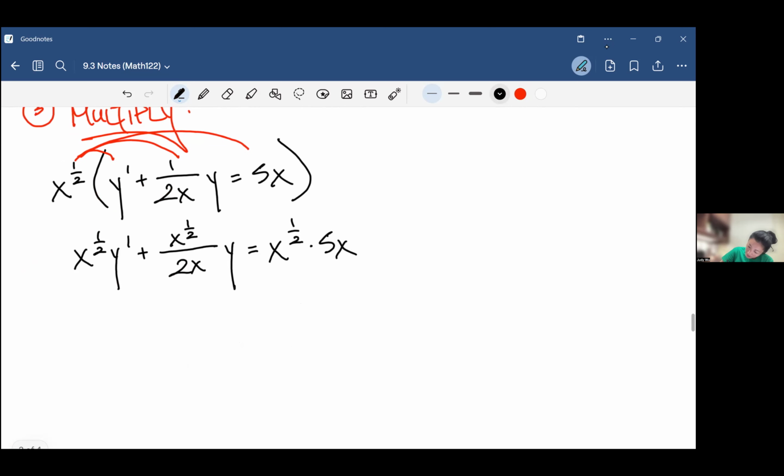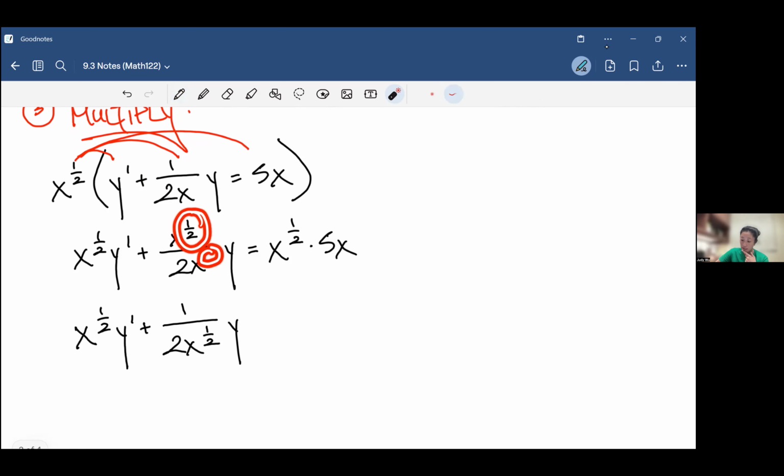And we get x to the 1/2 y prime plus 1 over 2x to the 1/2 y, right? So remember, when I'm dividing terms, I can take the exponents and subtract them. So 1/2 minus 1 gets me a 1/2 on the bottom. And over here, when I'm adding them, I'm going to do 1/2 plus 1. So that's going to give me 5x to the 3/2. Okay?